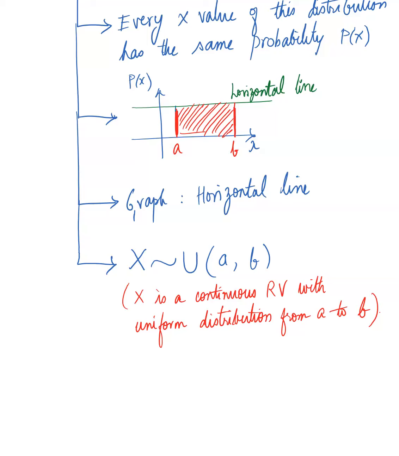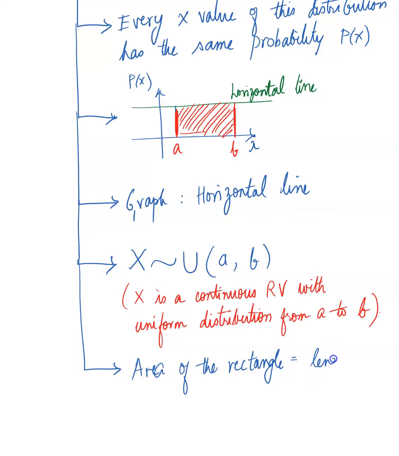So the area then, because we established it's going to be a rectangle, so the area of the rectangle for this particular region from a to b will be the base times height.